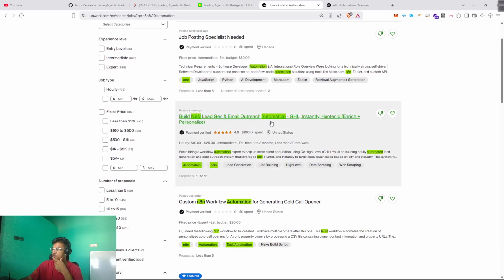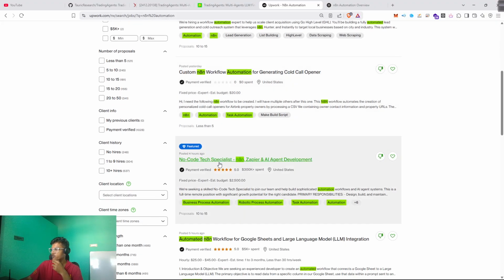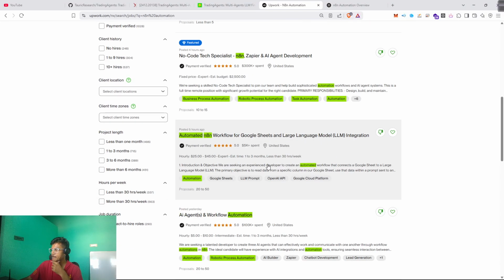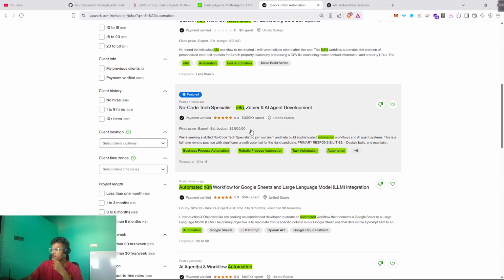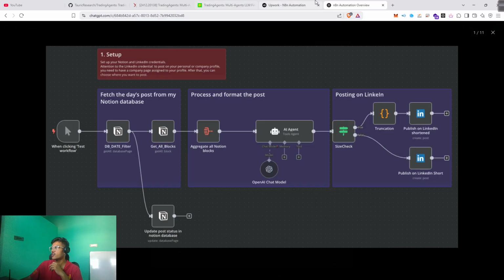See this one, they're paying $10 to $25 for lead generation and email outreach automation. Just phenomenal. The no-code tech specialist, N8N, Zapier, and AI agent development, $2,500. And this is just the start of it, guys.